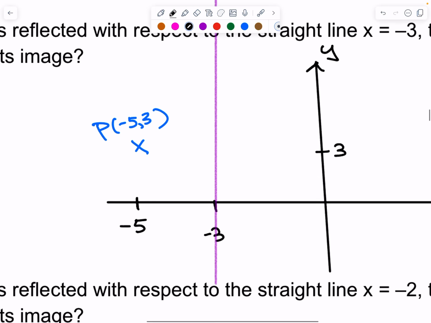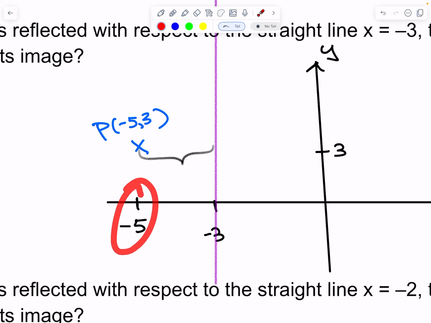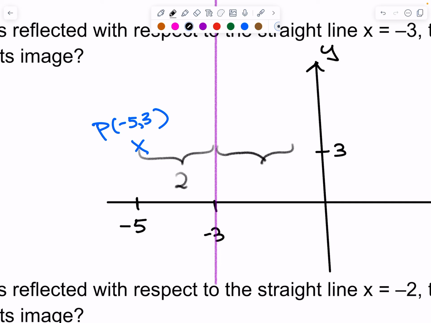We see what's the distance first. The distance here is, you're at negative 5, right? Your mirror is negative 3. How many distances? How many points? 2. If your distance here is 2, what's the distance that I should be having on the other side? Also 2.